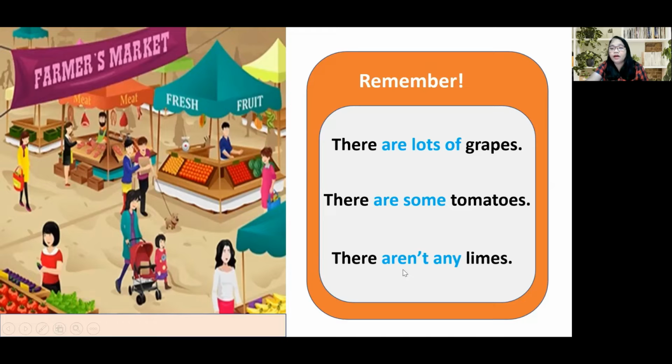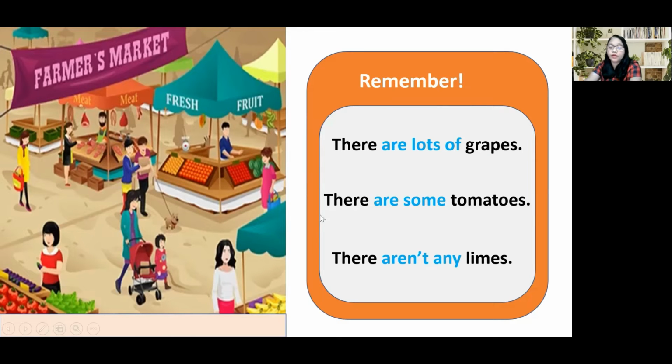And there aren't any limes. When you say aren't any, it means nothing at all, none. There is nothing. Okay, so remember these phrases: lots of, some, any.